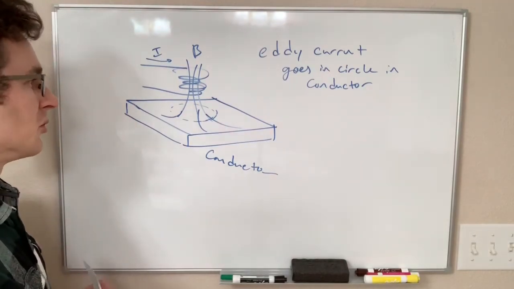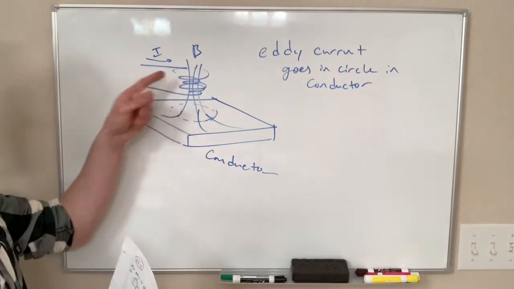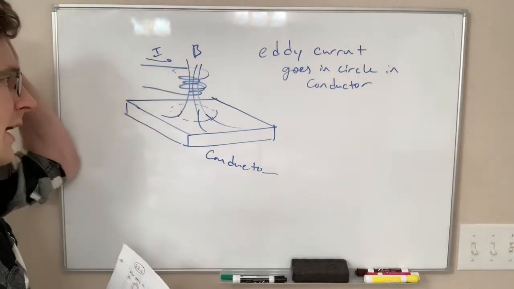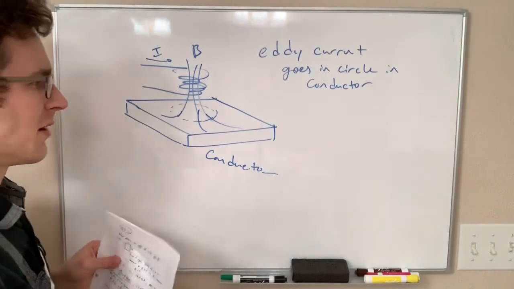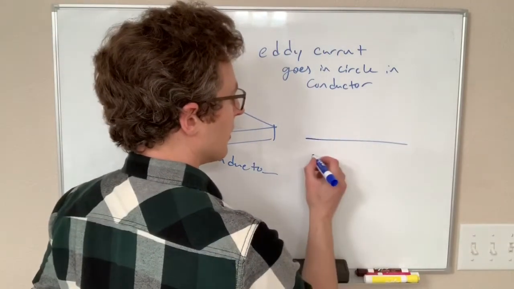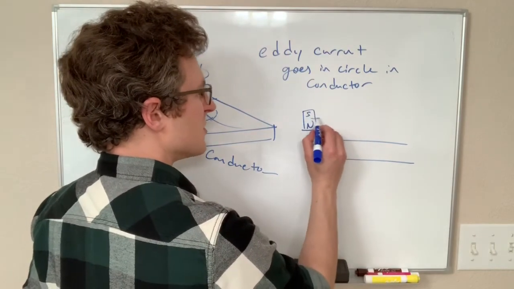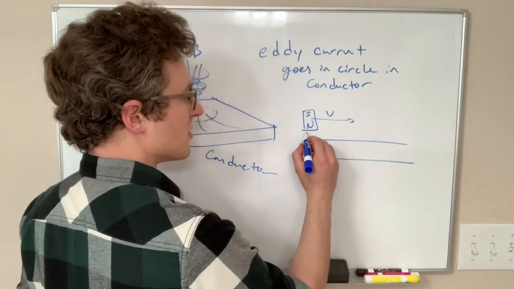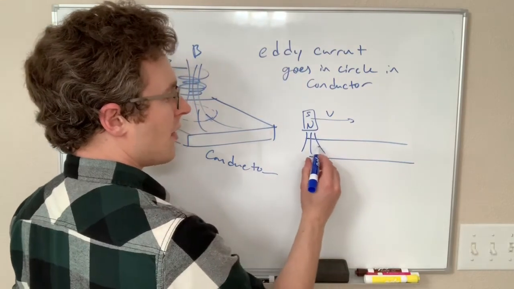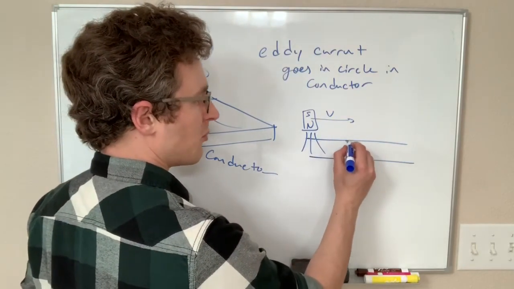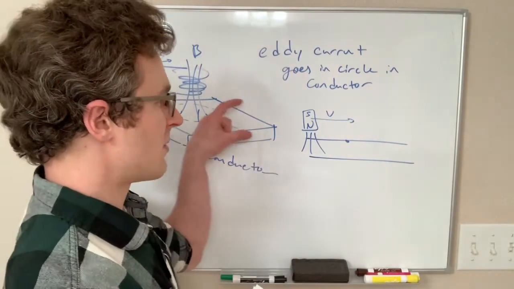Lots of really cool magnet stuff. So this doesn't have to be a solenoid. This could be a permanent magnet, and it doesn't have to be turning on or off. You could also have something like, here is our conductor. Here is a permanent magnet that is moving with some velocity, and so it's making this magnetic field that is like, if you're a point sitting here, this magnetic field is going past you.